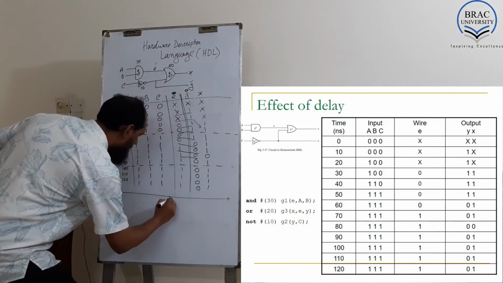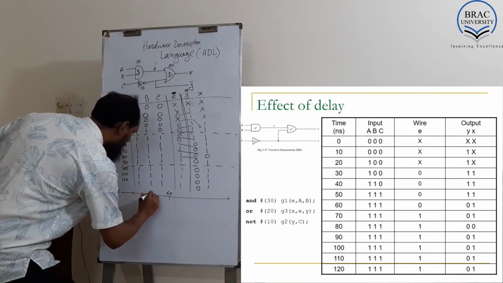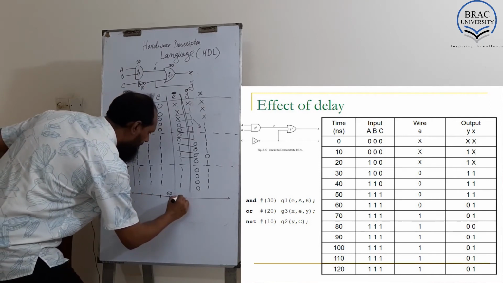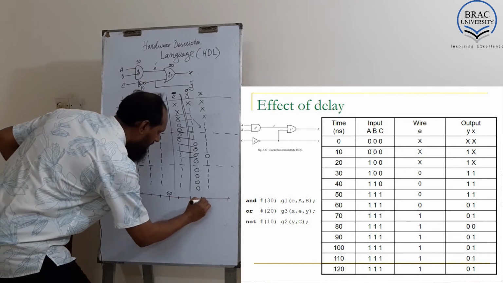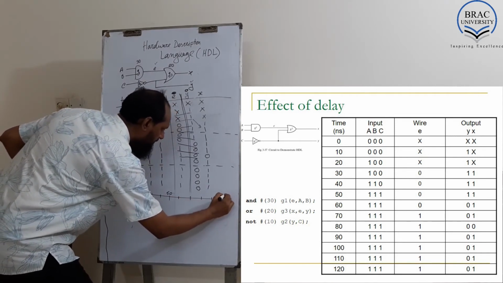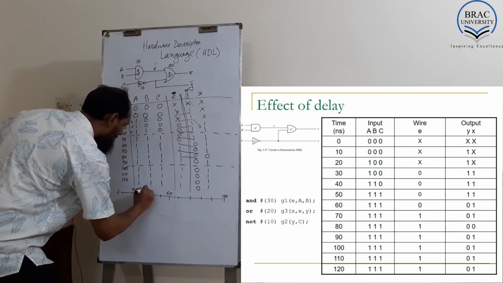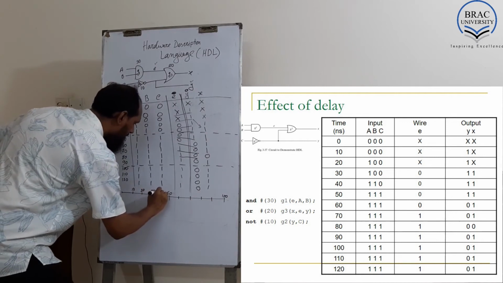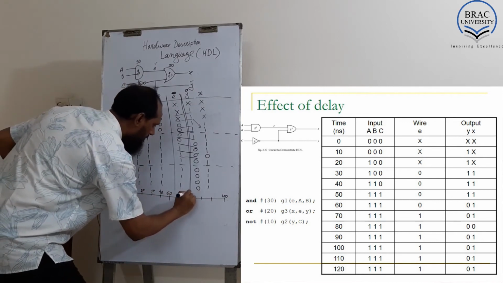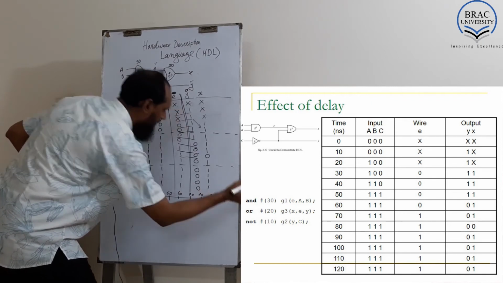So this is 50. So 10, 20, 30, 40, 50, 60, 70, 80, 90. Let's consider 100. 10, 20, 30, 40, 50, 60, 70, 80, 90, 100 and go on.